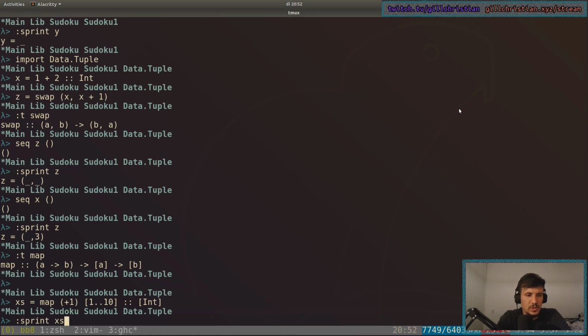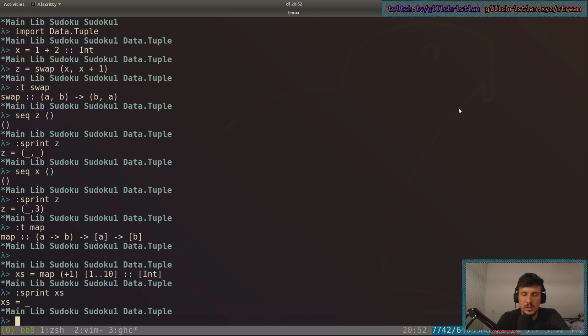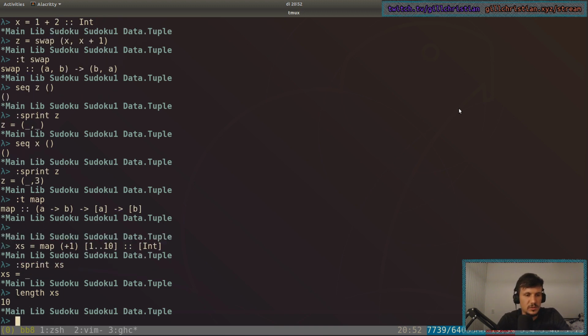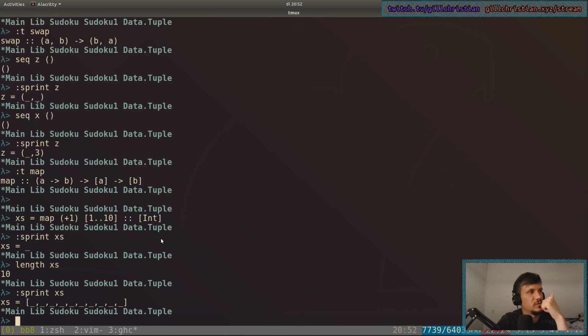So xs is not evaluated, and then for example if we do the length of xs, it's 10, and if we check now we see that what was evaluated was only basically the structure of the list, which is also called the spine, but the elements of the list are not evaluated yet, because the length only goes through the structure, but it doesn't evaluate the elements.